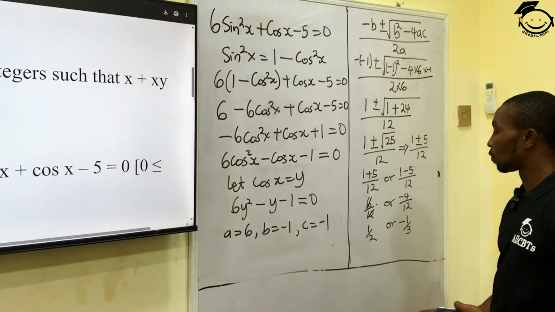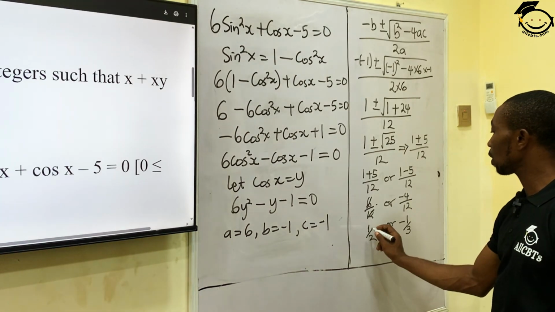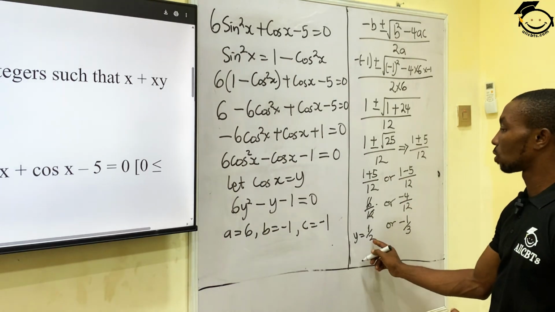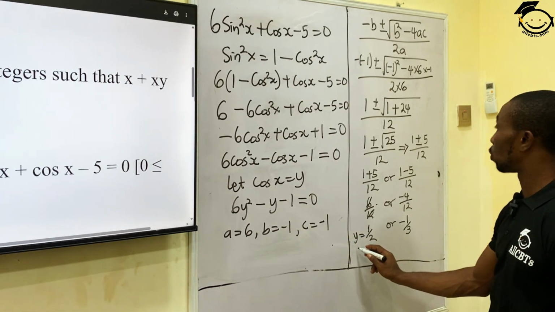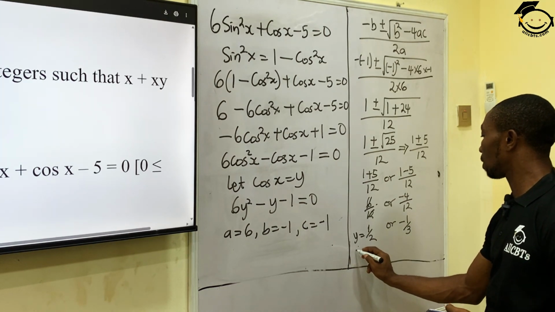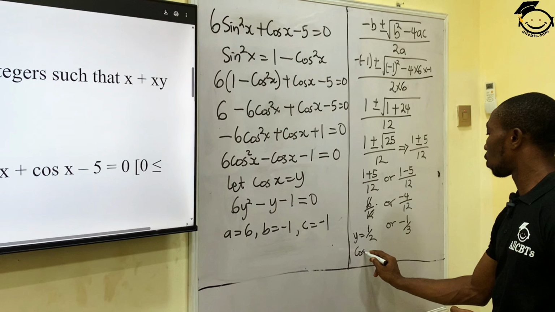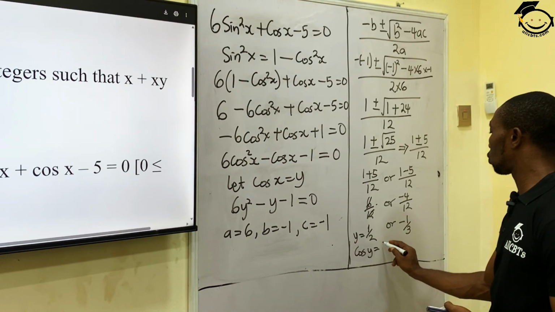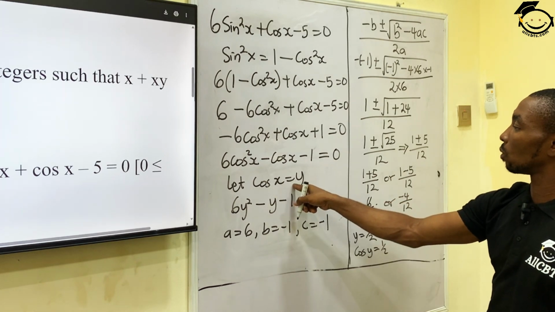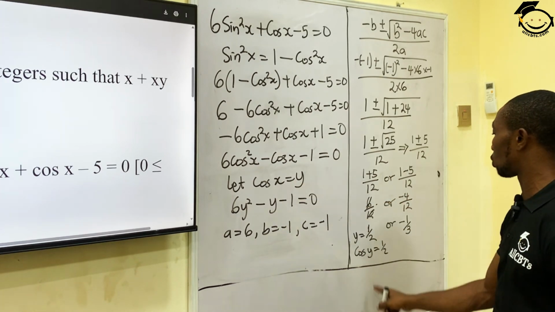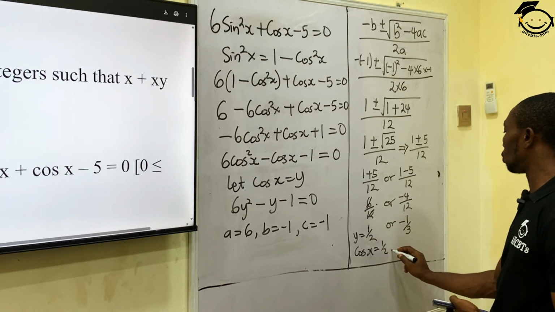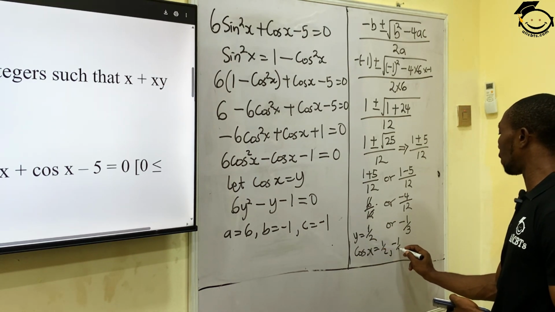Now, we know that our value of y is this. So this goes back to our question, where cos x equals y, so cos x becomes 1 over 2 or minus 1 over 3.